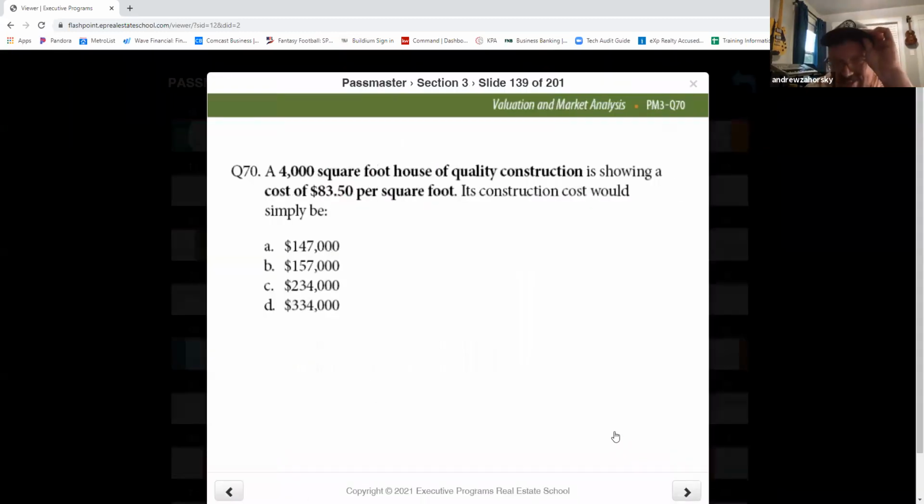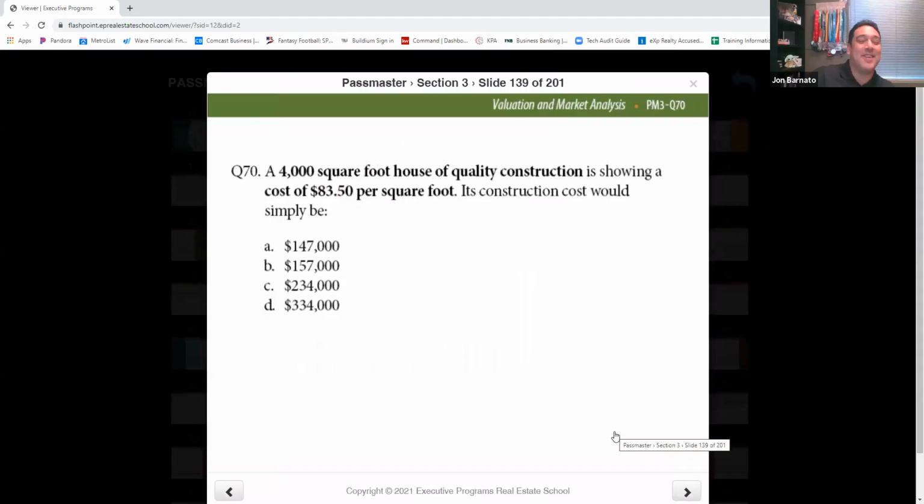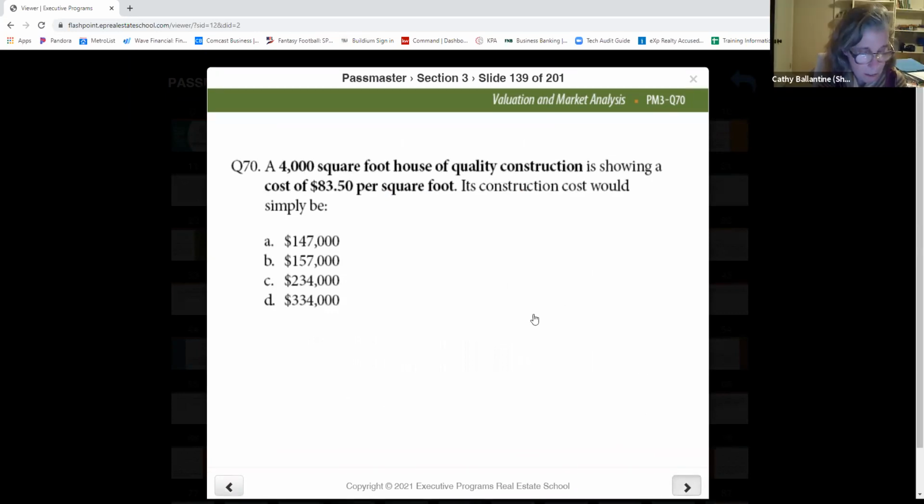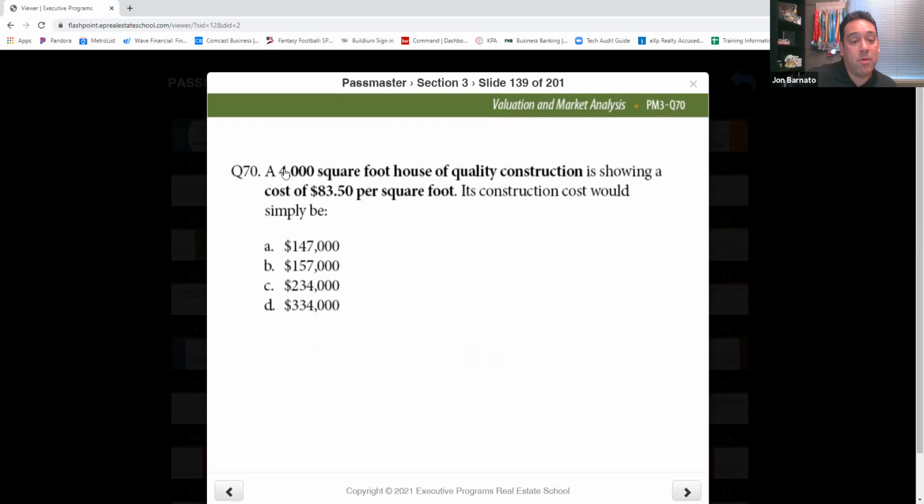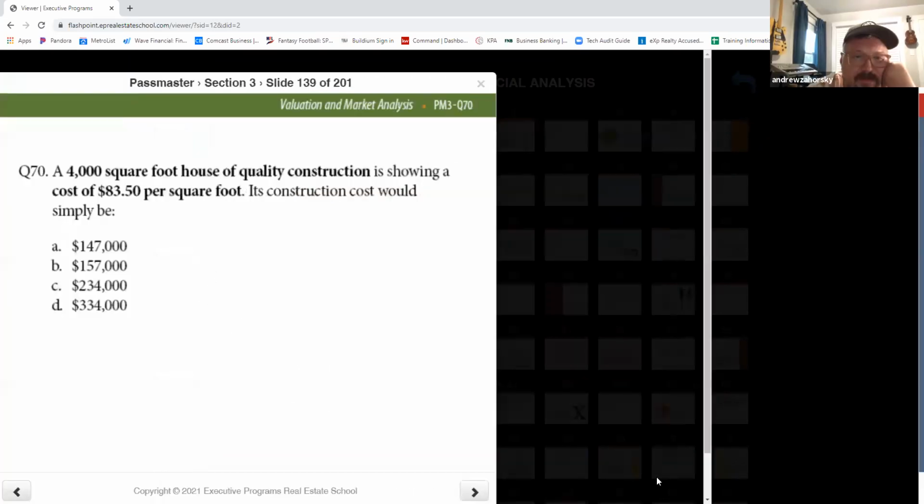Exactly. A 4,000 square foot house of quality construction is showing a cost of $83.50 per square foot. Its construction cost would simply be, oh man, that is a cheap cost. They do not live in California. So 8 times 4 is 32. It's got to be D. Yep, D.